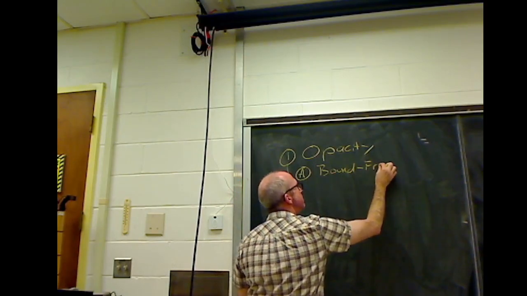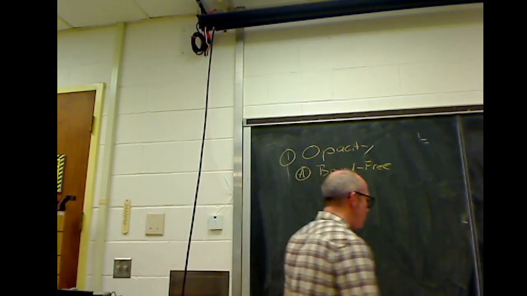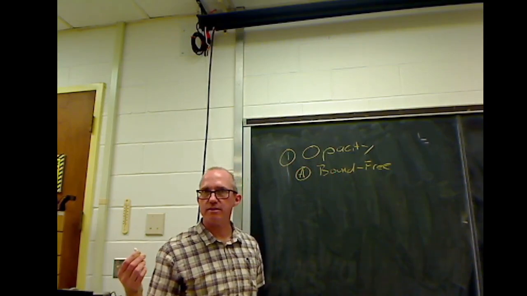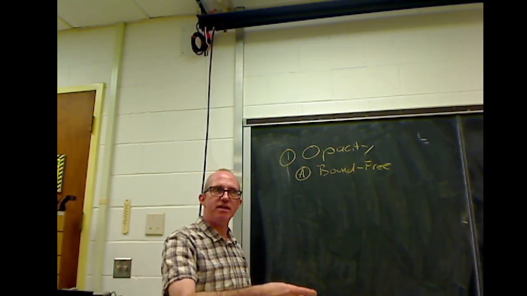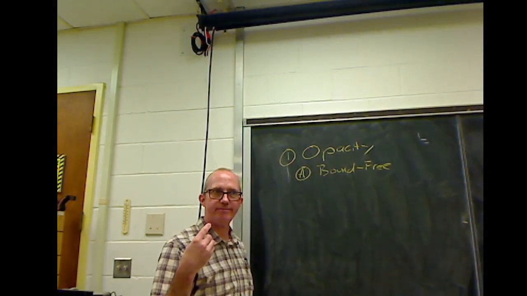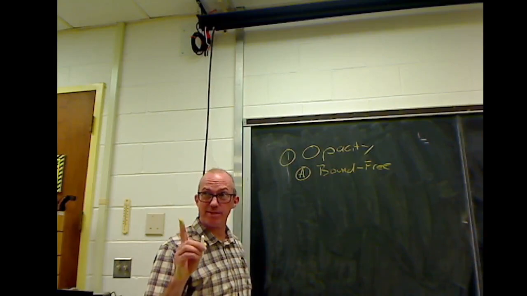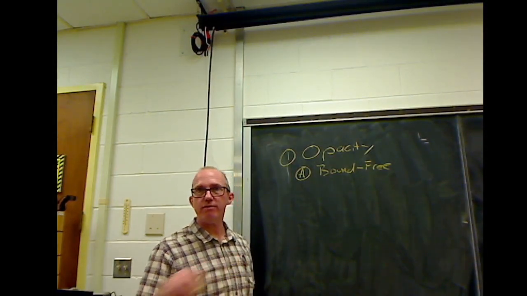Bound-free. So in all of these, I start off with a photon and a thing, and I end up with the thing in a different state. Or sometimes the thing and the photon again, but only some of the times. In most of these, the photon is absorbed. You never get half a photon.